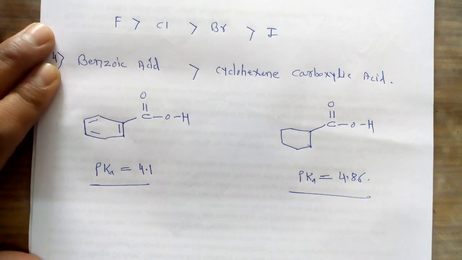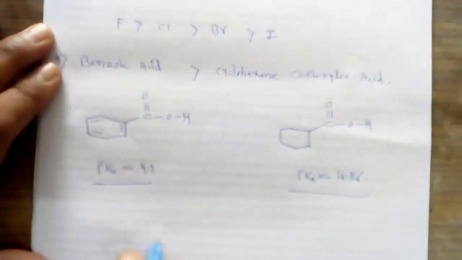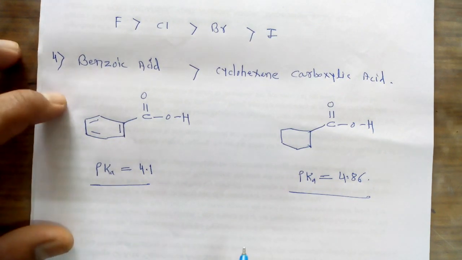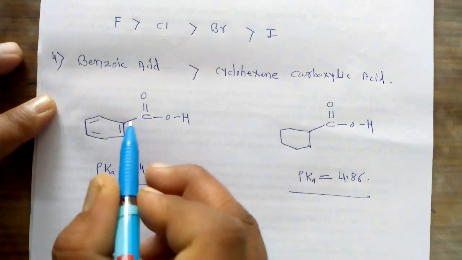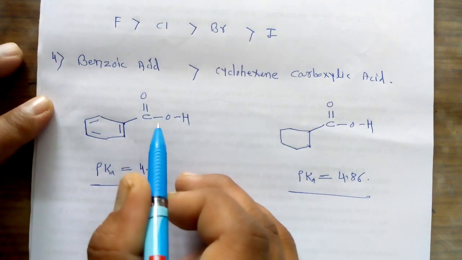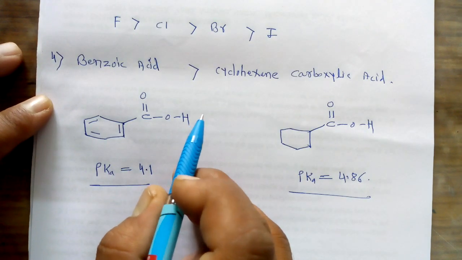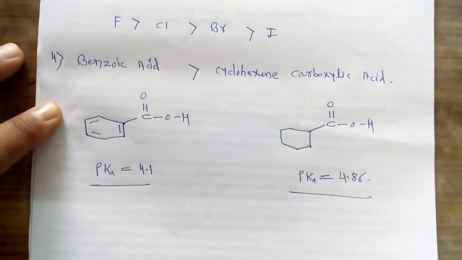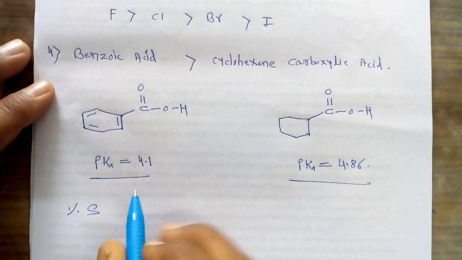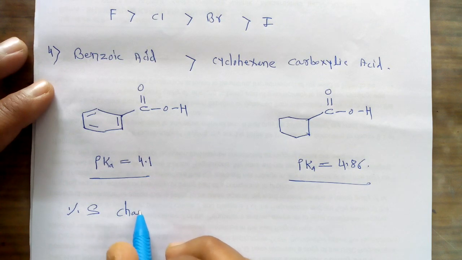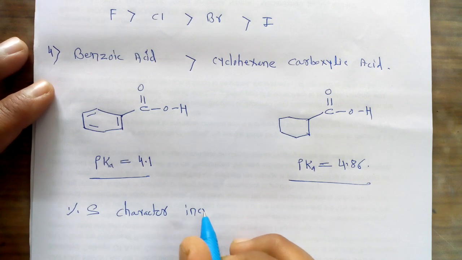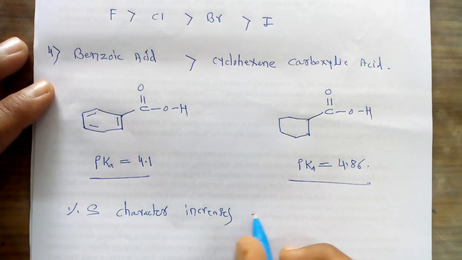This more acidity of benzoic acid than cyclohexane carboxylic acid depends upon the strength of the carbon atom to which this carboxylic group is attached. So as we know, as the percentage of S character increases, the minus I effect increases.